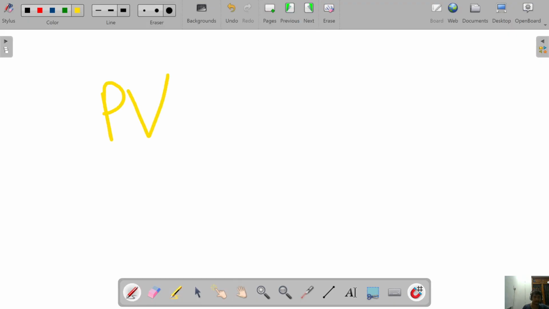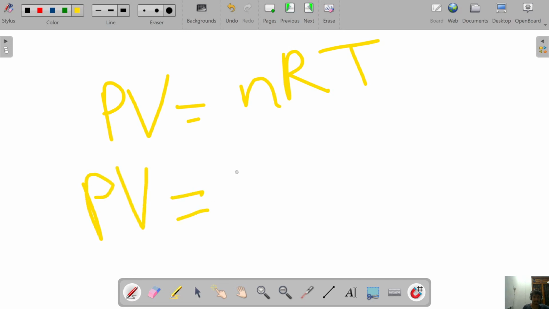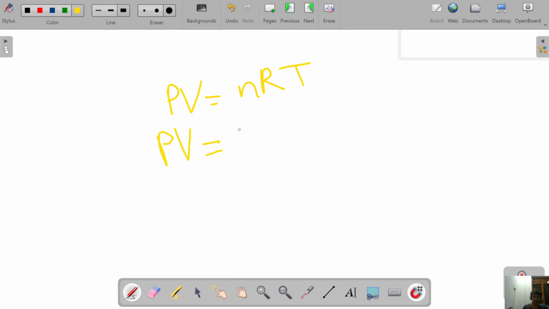Now PV is equal to nRT. P is pressure, V is the volume of the gas or volume of the container, n is the mole of the gas, and R is the universal gas constant.